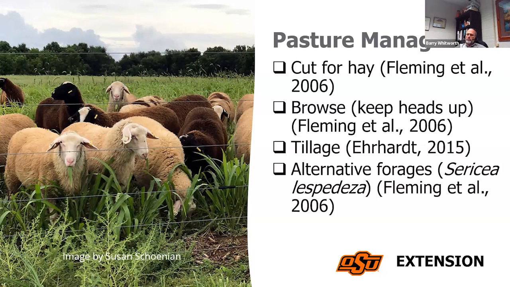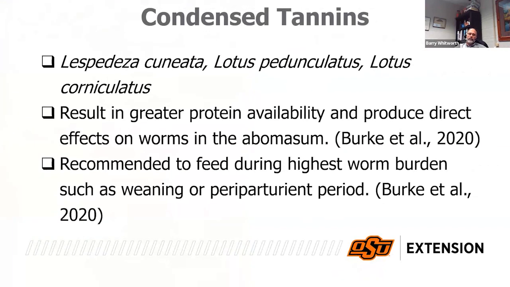Also, planting alternative forages like Sericea lespedeza has anti-parasitic properties. Some of the reasons those work is that it increases protein, and it also has negative impacts on the worm itself. They damage the cuticle, or the skin, of the worm.